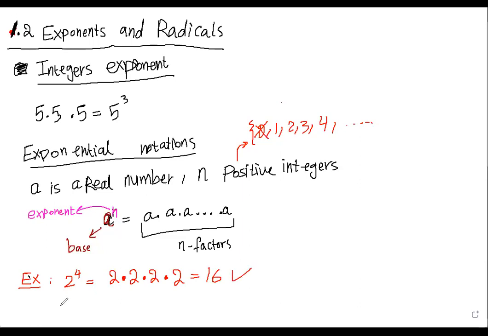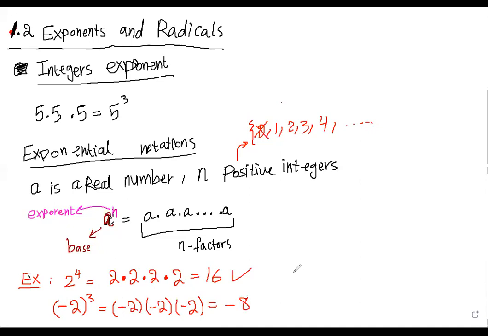Another example: minus 2 to the power 3. What is the answer? Minus 8. Minus 2 times minus 2 times minus 2. Minus times minus times minus is minus. 2 times 2 times 2 is 8.